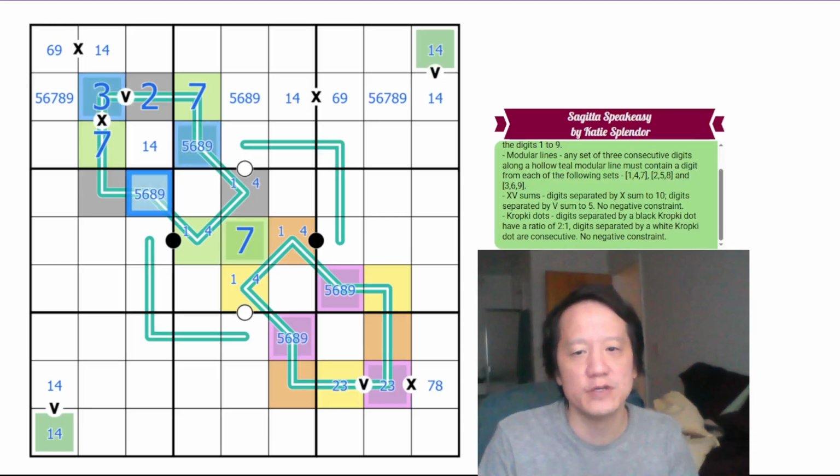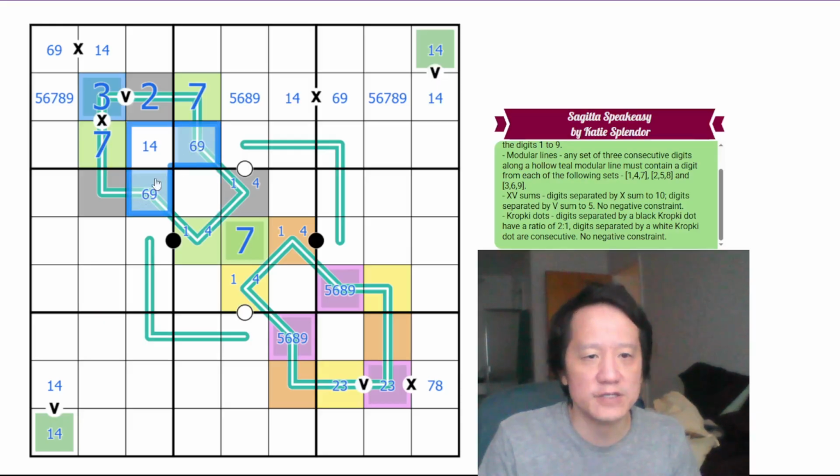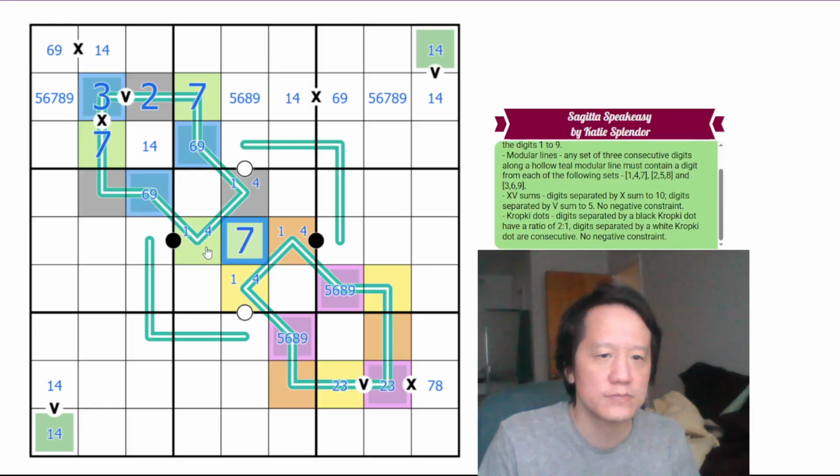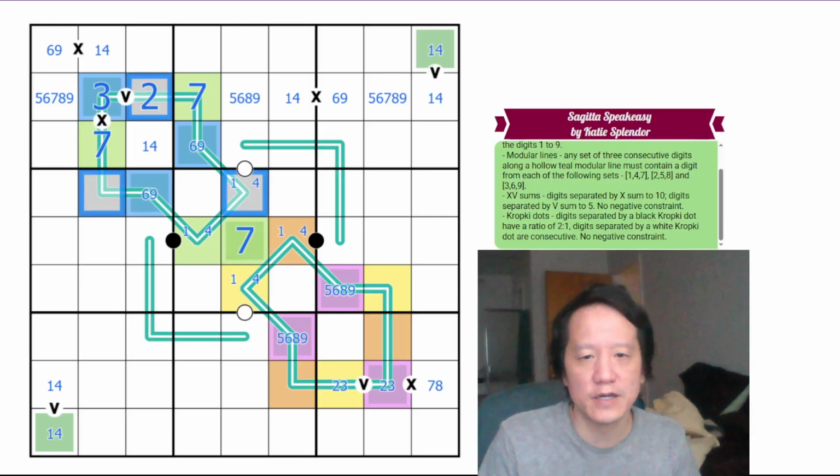So this must be a 6-9 pair. Again, because these have to be different digits, so this cannot be 3, it has to be 6 or 9. The medium grays, I guess we'll make that pink.